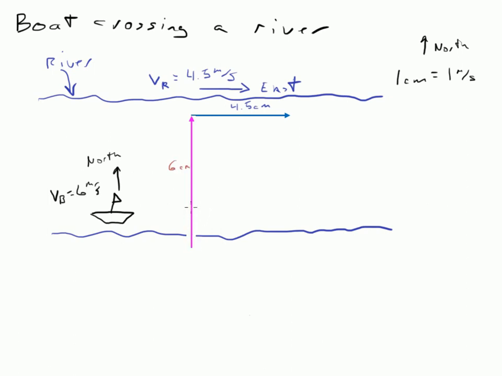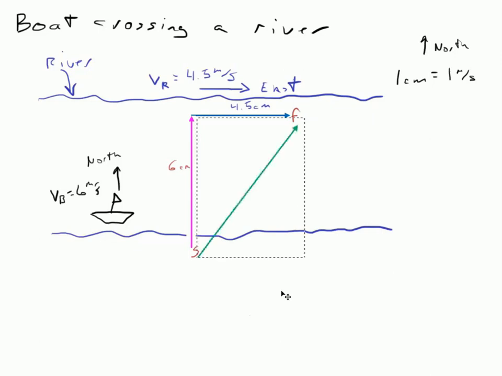So if you've drawn this 6 centimeters here and then tip to tail 4.5 centimeters here to the right on the paper, all you have to do then is draw from start to finish. So there's the start and there's the finish.